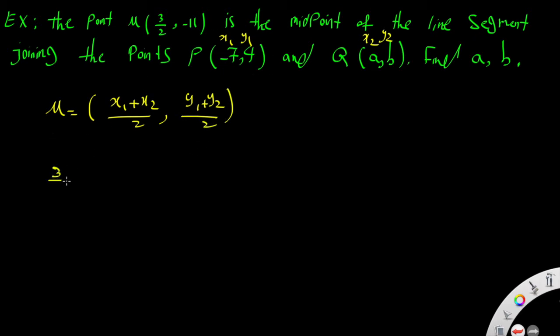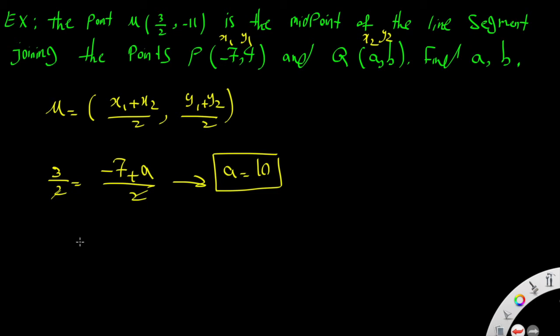So 3 over 2 will be equal to negative 7 plus a divided by 2.